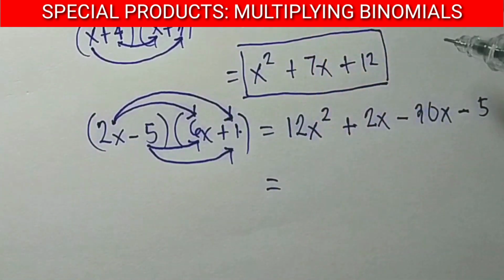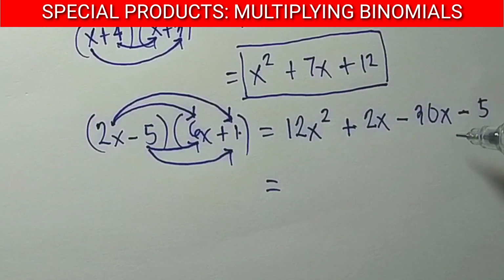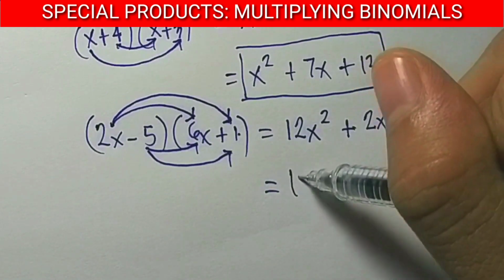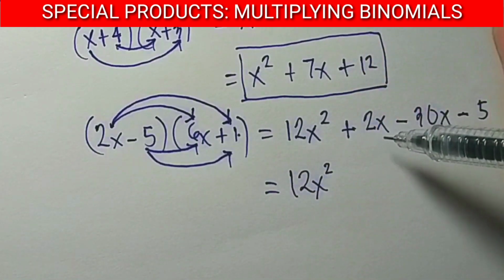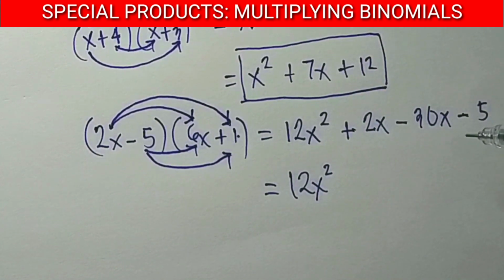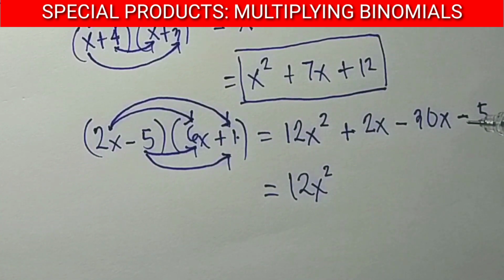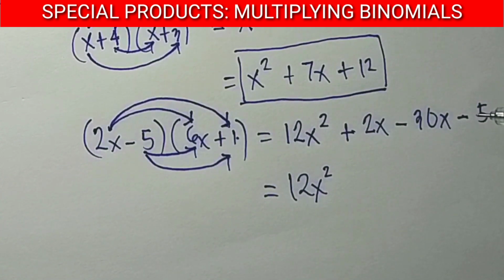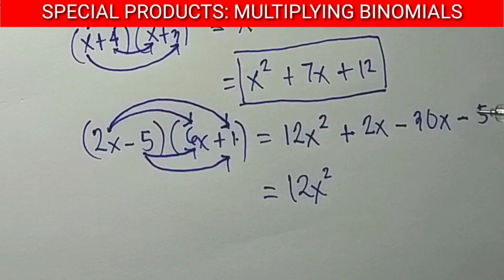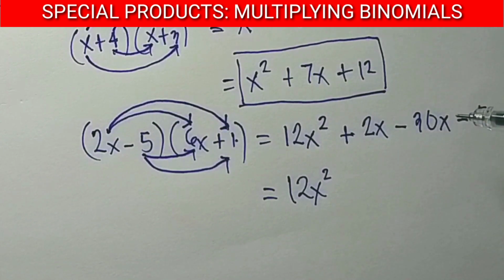So karon mag-simplify na ta kay naa may parihag term nga 2x o negative 30x. So we have 12x squared nya positive 2x minus 30x. So remember the rule of the subtraction of integers. Diba ako na nang na-discuss sa last natong video. So, dili siya pariha og sign.